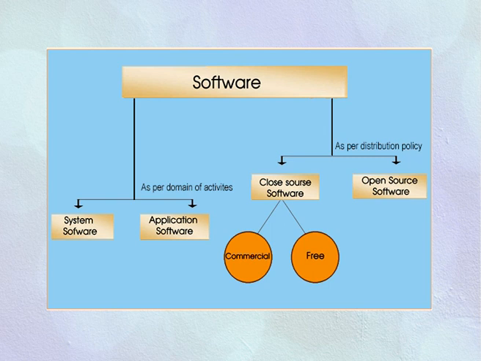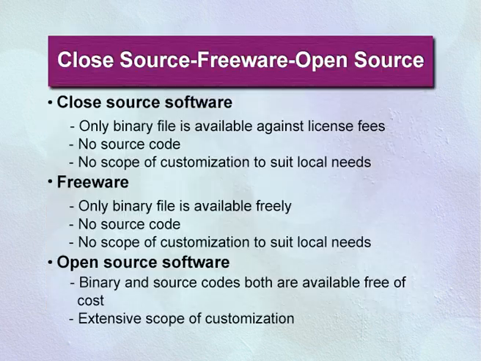Closed source software can again be of two types, commercially available closed source and freely available closed source. These are called freewares. And I told you earlier that CDS is a classical example of freeware. It is available freely, but the source code is closed. And in the open source domain, I will give you a number of examples associated with the library domain.